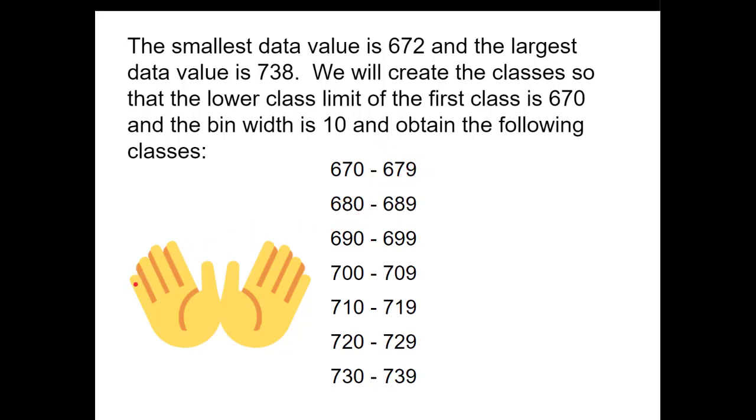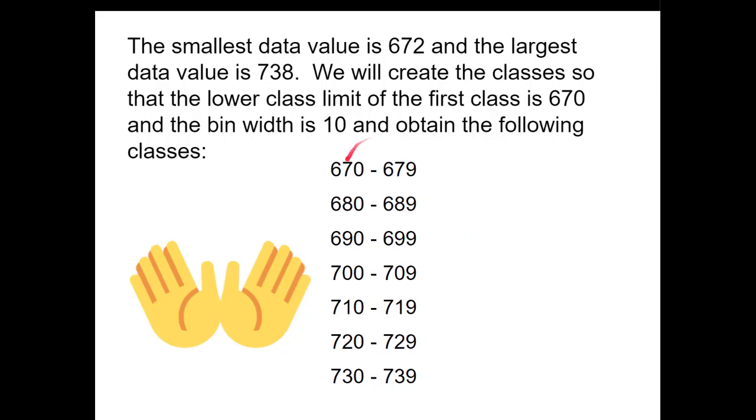We're going to go 680, 681, 82, 83, 84, 85, 86, 87, 88, 689. The next number would be 690. So we'd start here with 690, 91, 92, 93, 94, 95, 96, 97, 98, 699.